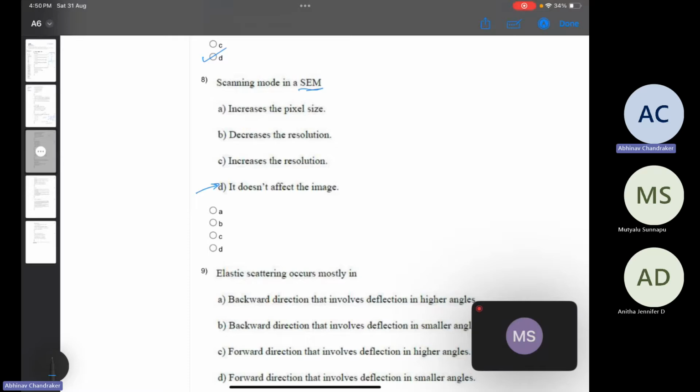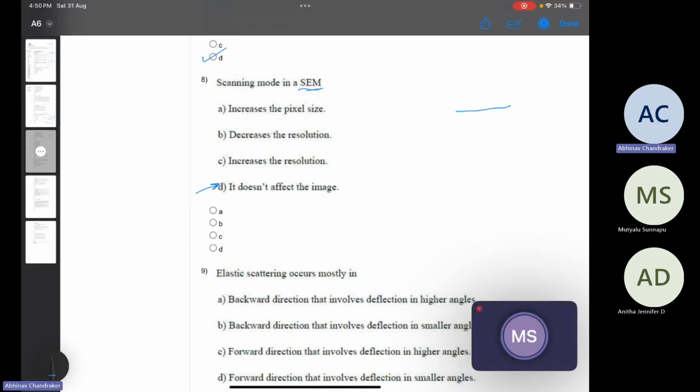I will have to recheck this once, but most likely this should be the answer, because the resolution or pixel size will depend on how the interaction is happening. What is the size of the electron probe?